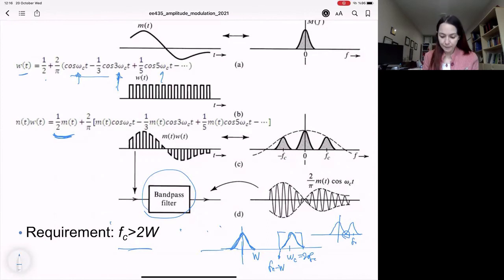Okay, so this is the requirement for double sideband suppressed carrier to work. This is the requirement on how big the minimum carrier frequency can be.